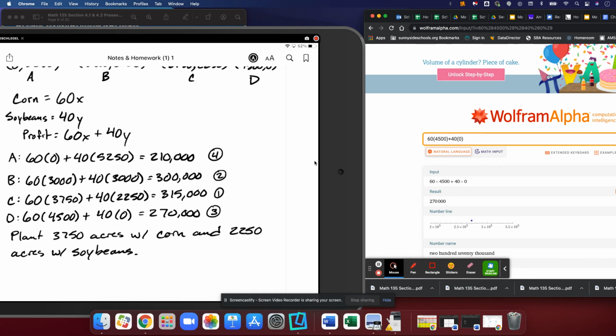And so again, as we mentioned, everyone, if we go from our lowest to our highest, there's a $105,000 difference between this choice and this choice.